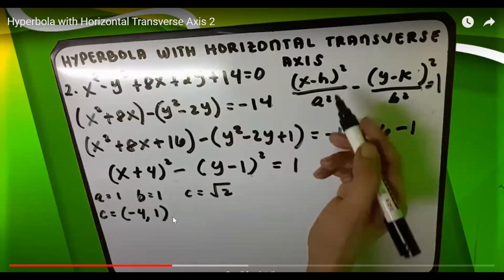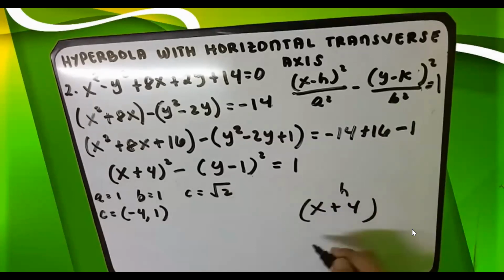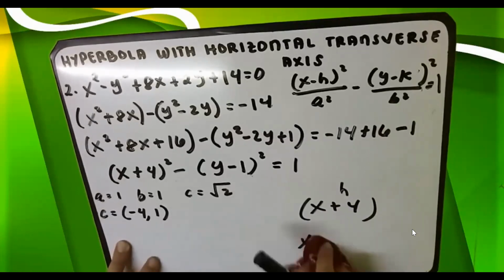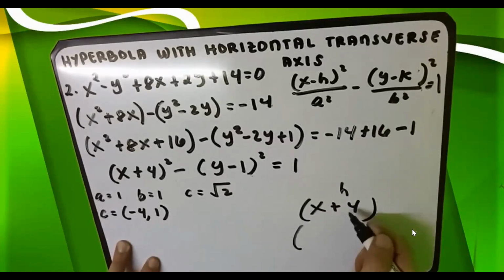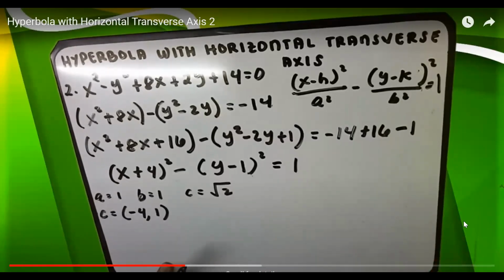So the value of k should be positive 1. Pero ang ginagawa natin, same with other conic sections. Kung x plus 4 siya, ang h natin ay ginagawa natin negative 4. And then sa k, kung negative siya, ginagawa natin positive.